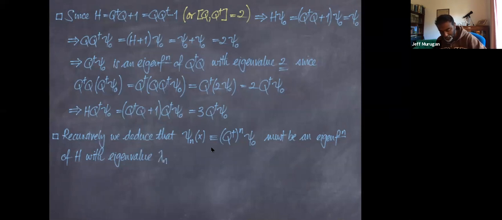We'll call this lambda n, and lambda n must be 2n plus 1. And actually, we didn't have to do a hell of a lot of work to make this deduction.